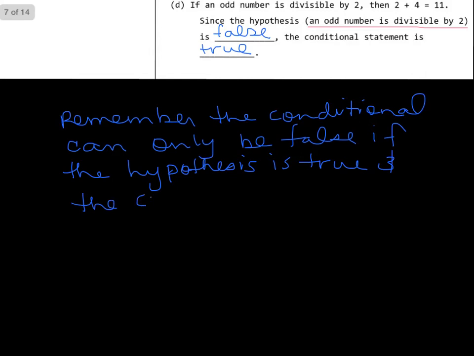So this is what I highlighted earlier. So here, when I saw right off the bat that my hypothesis was false, it doesn't even matter what comes after, because I know my conditional statement has to be true.